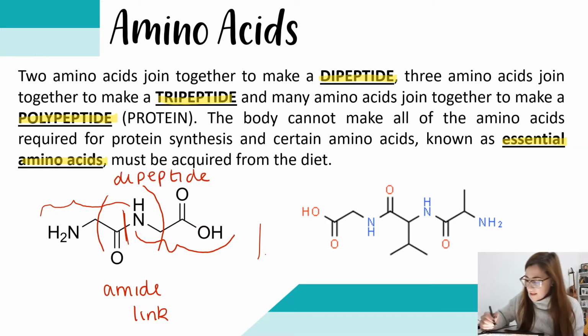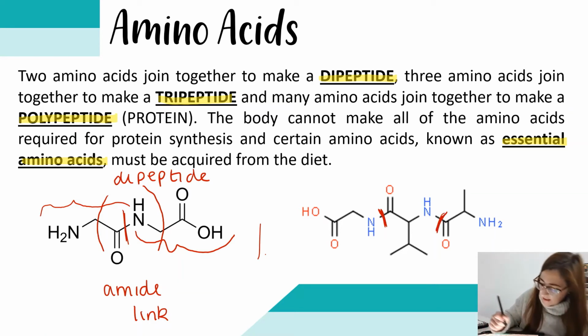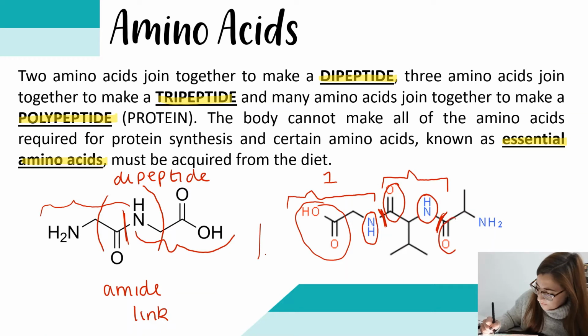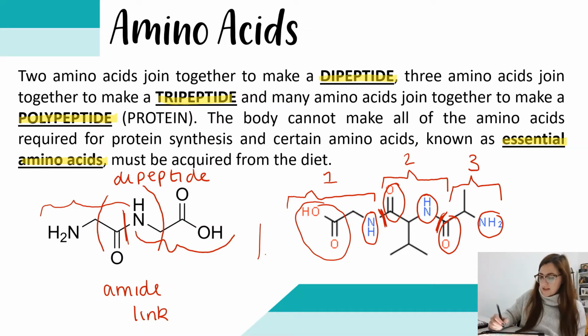If I look at this example on the right, then I can see where I can split my amide links, and I've got my first amino acid here. I've got a second amino acid here, because I can see that that is my carboxyl group and my amide group, carboxyl group, amide group. So at the end here, that's my third amino acid. So this is a tripeptide.